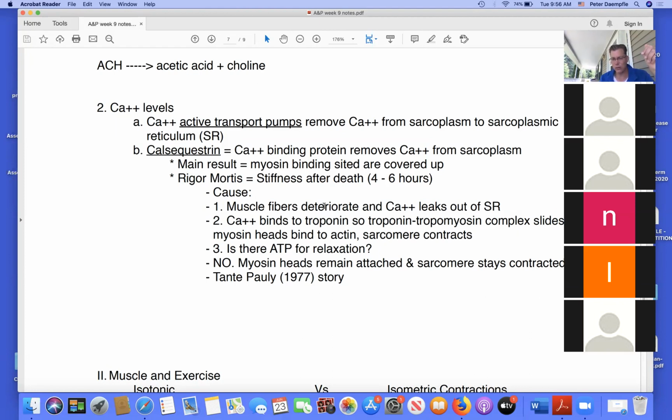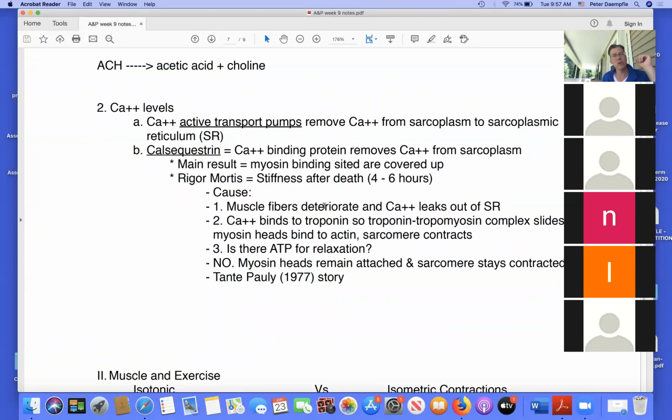Why do your tissues get stiffened? Because your muscles deteriorate after you die, and calcium literally leaks into the muscle, causing the sliding filament contraction that we just talked about. So that's how you get stiffened.